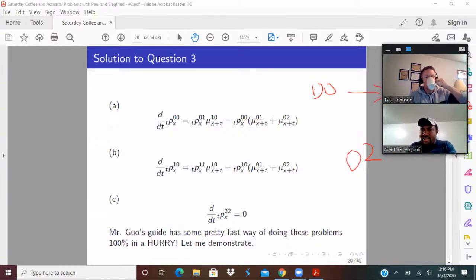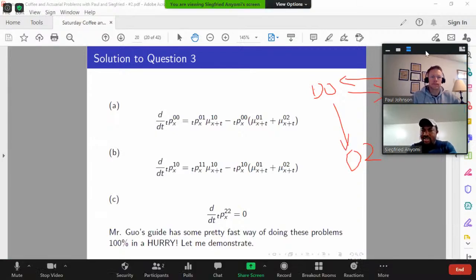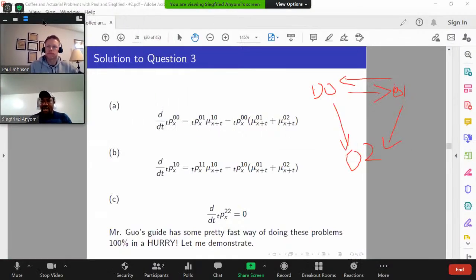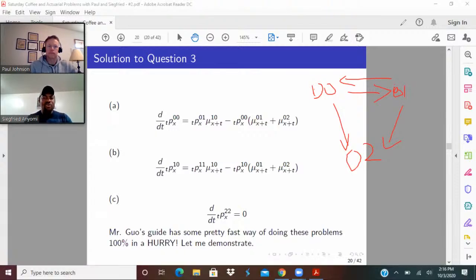Then draw my transition paths. And once I do this, I'm easily able to visualize who comes in and who goes out, with what probability and with what transition intensity.